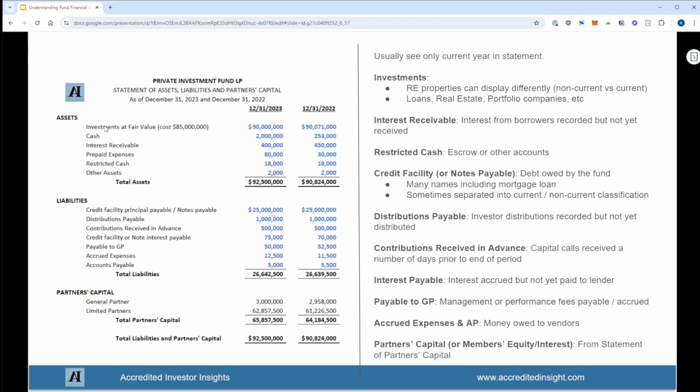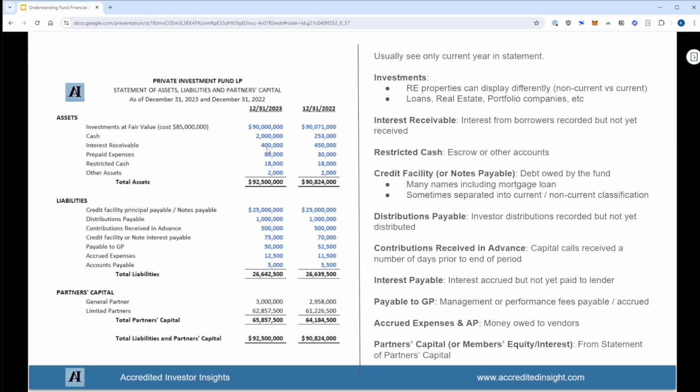You may see private credit funds have more classification as current assets because they tend to be short loans, right? Maybe a year or less or a few years or less. So it just depends. Next, we have cash in the bank. Pretty obvious. Interest receivable. This is the interest that's due from borrowers. This would be more so for a lending fund or private credit fund.